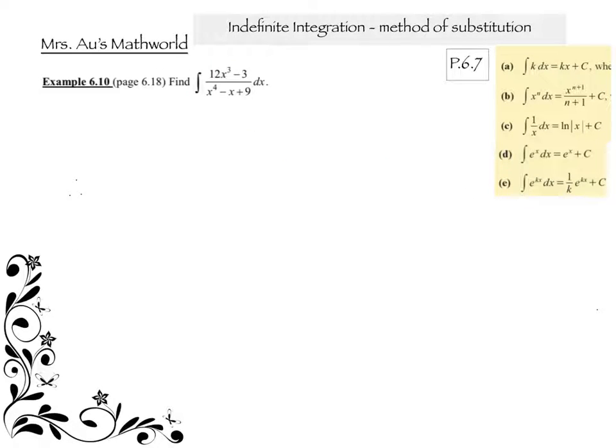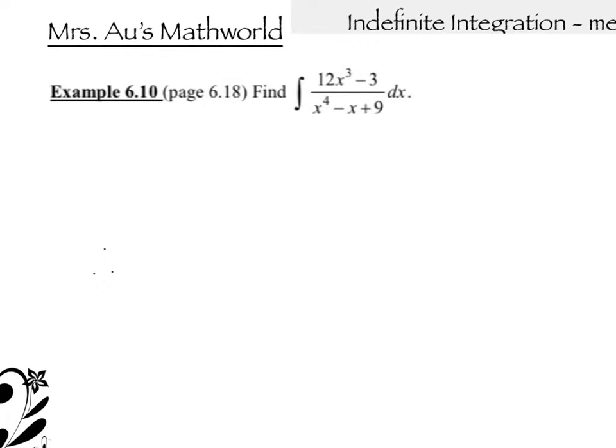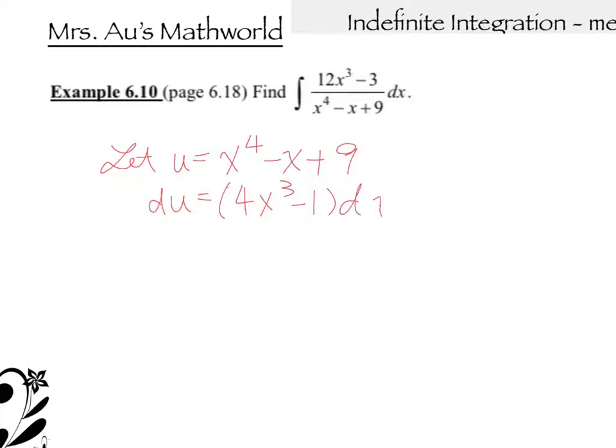So in this question, it is very obvious that we need to substitute for the thing in the lower part, right? That means let u be x to the power 4 minus x plus 9. Then differentiate, you get 4x cubed minus 1 dx.